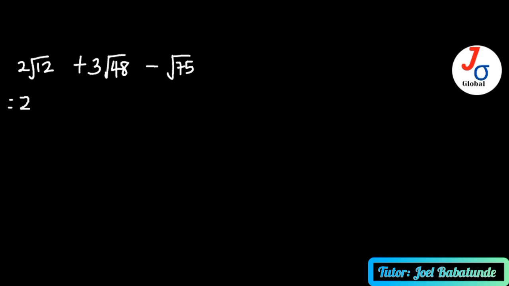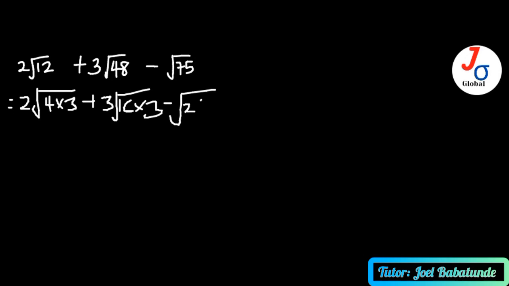I can write 12 as 4 times 3, so 2 times root of 4 times 3. Then plus 3 times root 48, and 48 is 16 times 3. Then minus root 75, which is 25 multiplied by 3.